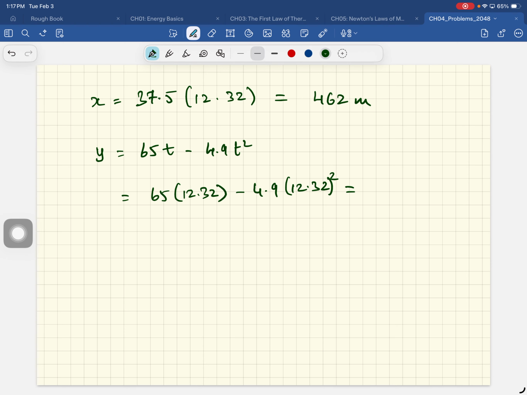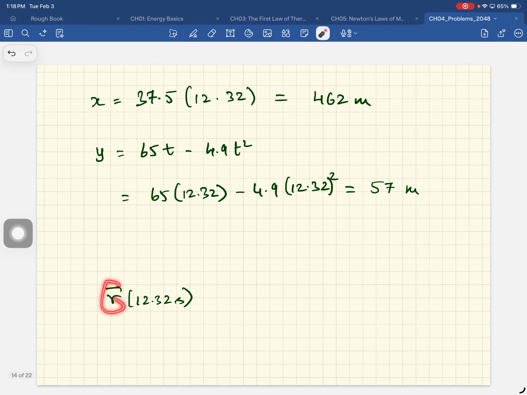Venus orbital radius: 108 million kilometers. Okay. Our orbital radius is 150 million kilometers.